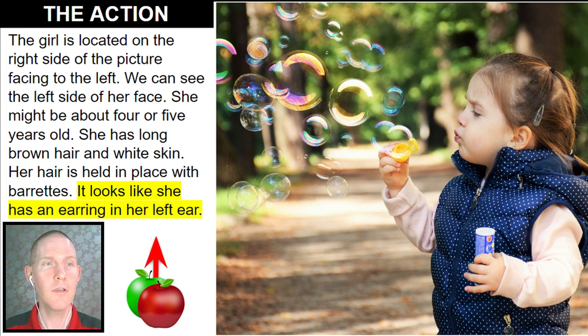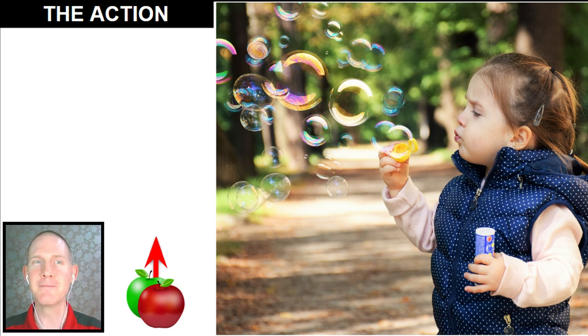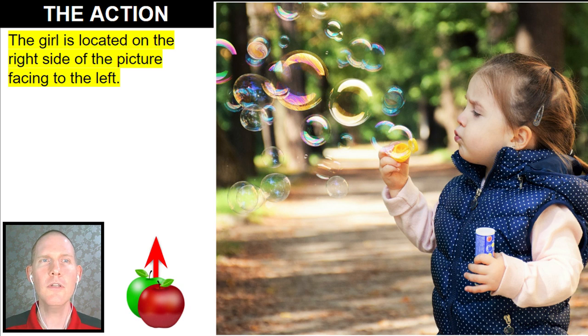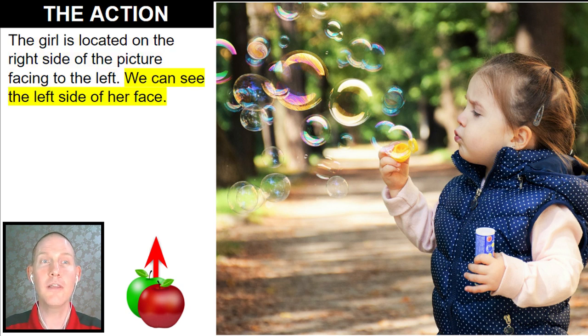Alright? Okay. So, let's do pronunciation. Repeat after me. The girl is located on the right side of the picture, facing to the left. We can see the left side of her face.